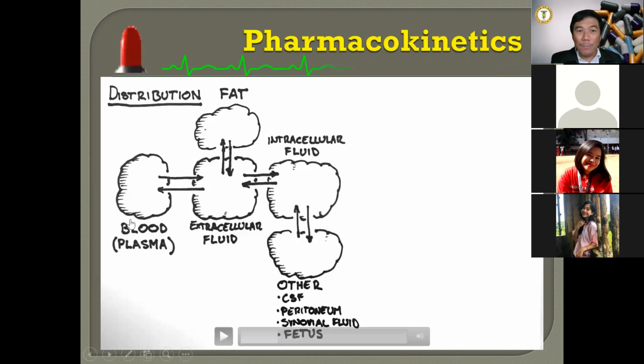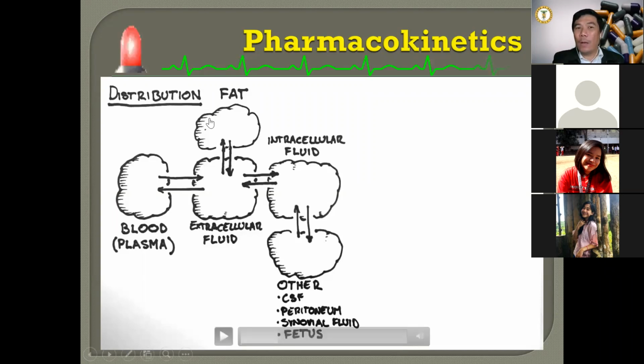This is the plasma, and we have various compartments where the drug can be distributed. The cells are divided into intracellular compartment and the extracellular compartment. So that's why we have the intracellular fluid and the extracellular fluid.